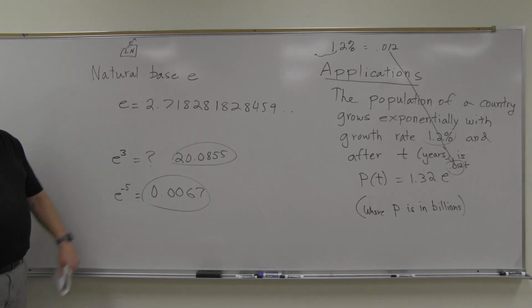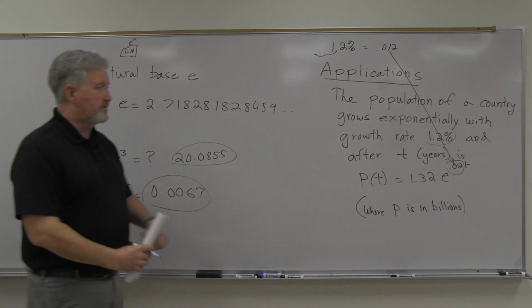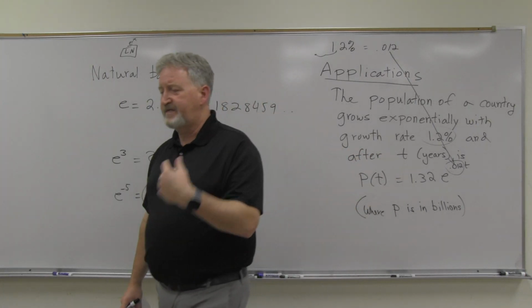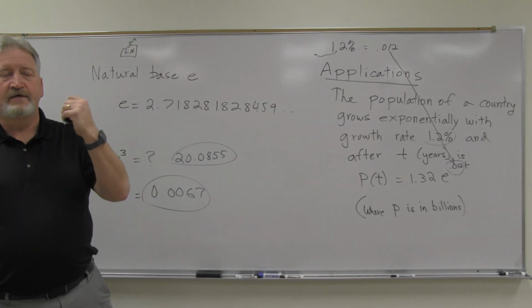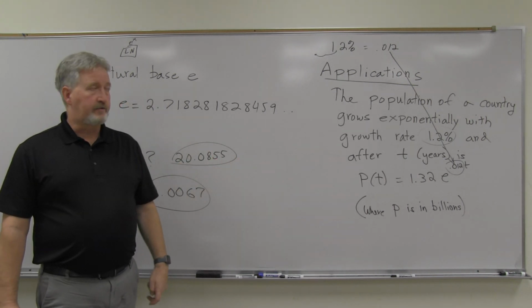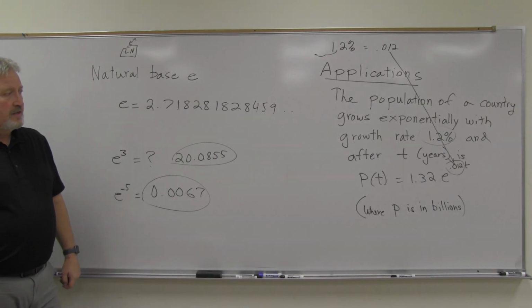So there it is. Now, this is an exponential model because notice my variable, I switched over to t now instead of x, but t is in the exponent. So this is an exponential equation to model this population growth.